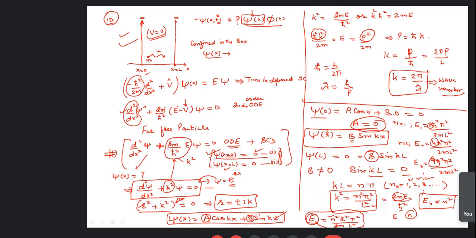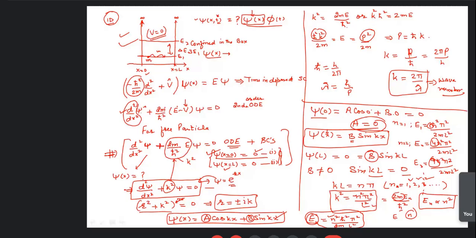If I draw it here, this is my first energy level, this is my second energy level, E2, and the separation between these two, that is delta E, is 3 times E1. Because E1 is h bar square pi square over 2m L square, and E2 minus E1 is 3 times the same thing.